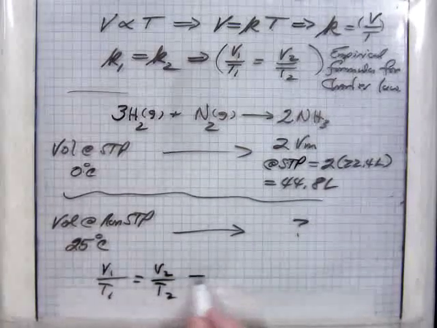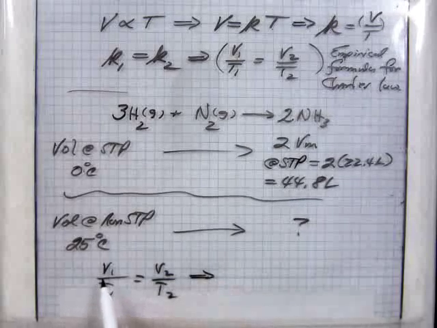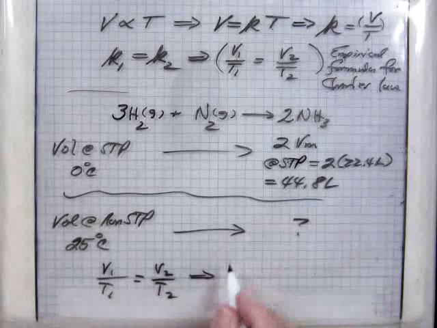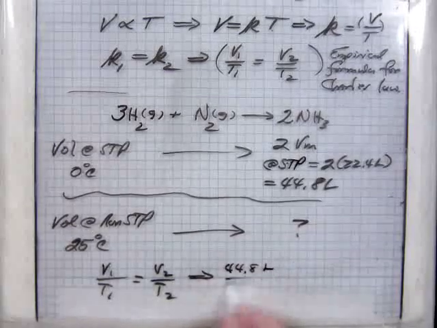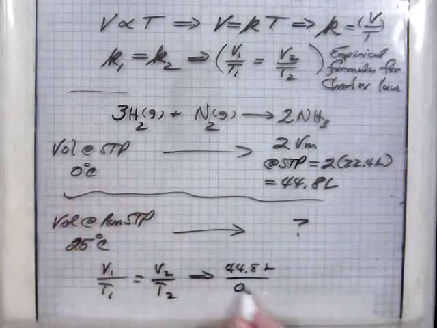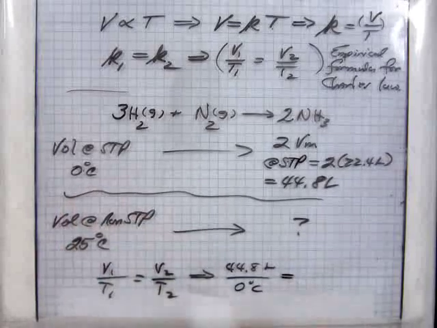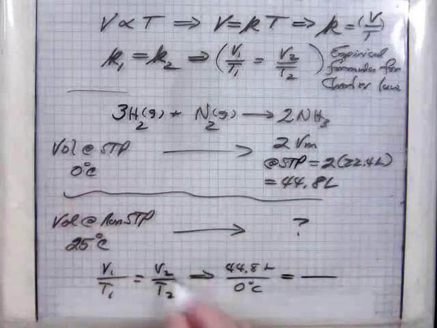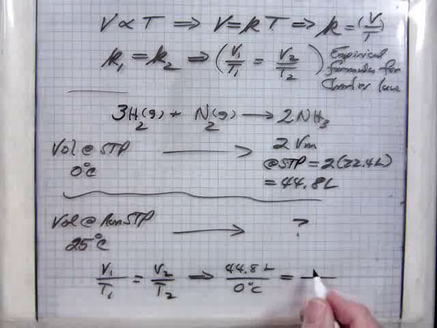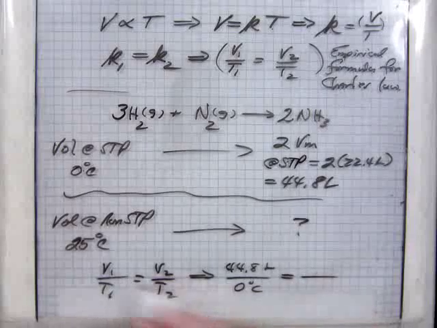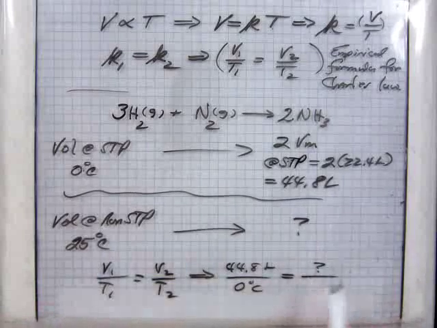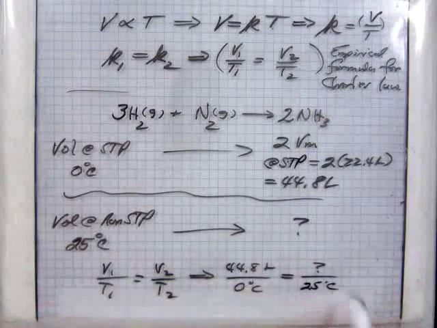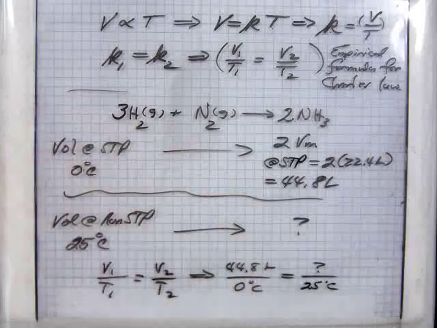And so by substituting, we have V1 is 44.8 liters over T1, which is 0 degrees Celsius, which is equal to V2, which is unknown. Temperature 2 is 25 degrees Celsius. So based on the data that's given, that's what you would throw into the formula.